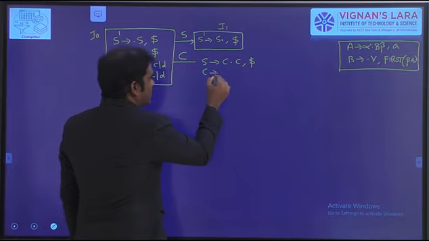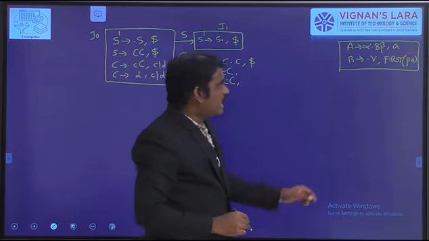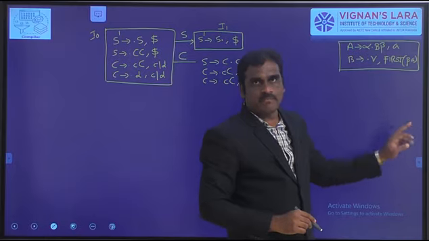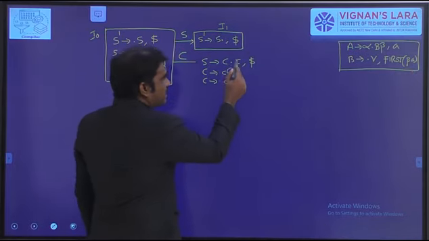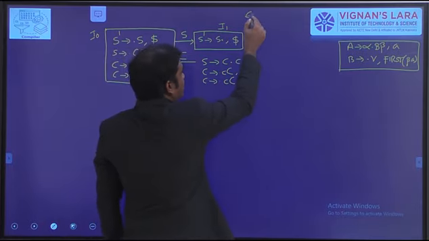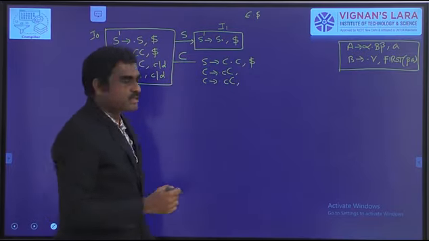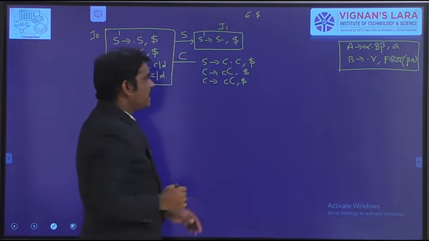So write the C productions: one is C to dot CC, second one is C to dot d. Next, find first of beta A. What is beta and what is A? In this case beta is epsilon, and A is dollar. So first of dollar is dollar. So this is dollar and this is dollar.